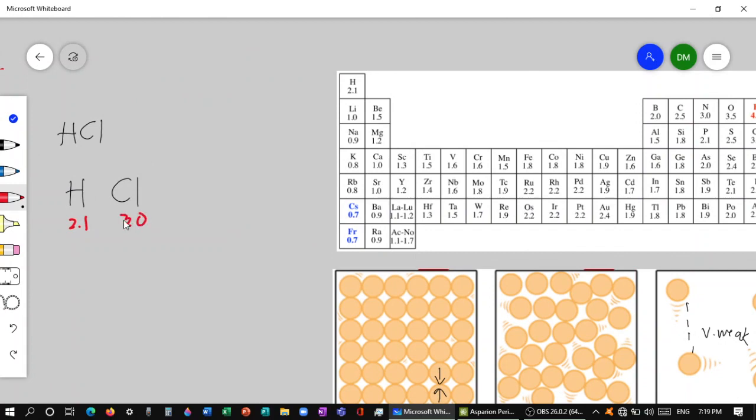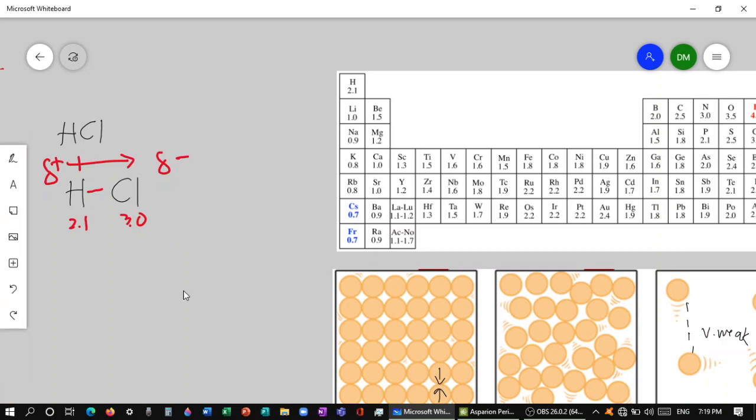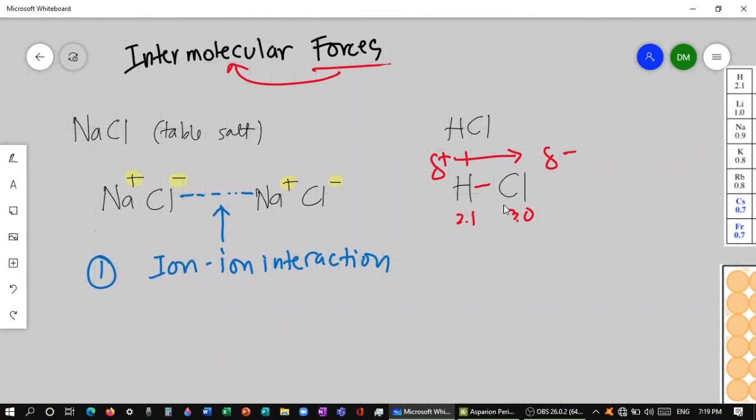Obviously here there is an unequal sharing, so Cl is much more electronegative compared to hydrogen. Cl becomes partially negative and hydrogen becomes partially positive. So HCl is a polar molecule. It means that the two sides have different charges.